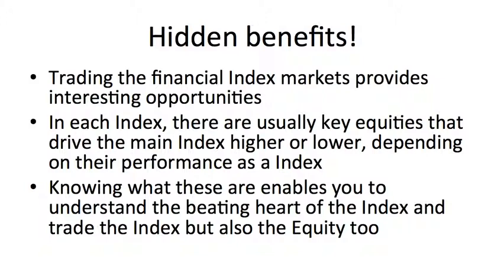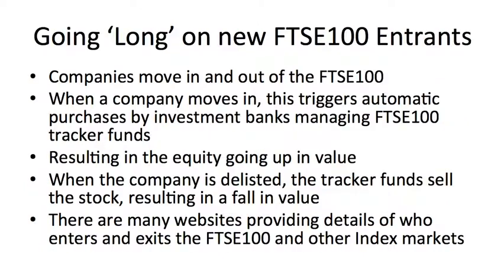But these tracker funds, basically what they do is they buy companies that are, in this example, in the FTSE 100. So when a new company comes into the FTSE 100, because the top 100 companies changes almost on a monthly basis, this triggers an automatic purchase by an investment bank on their tracker fund to purchase that stock.